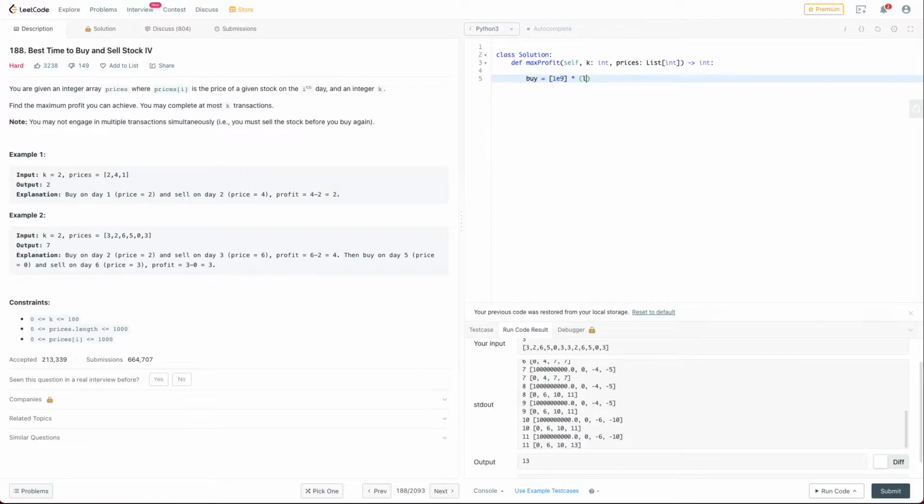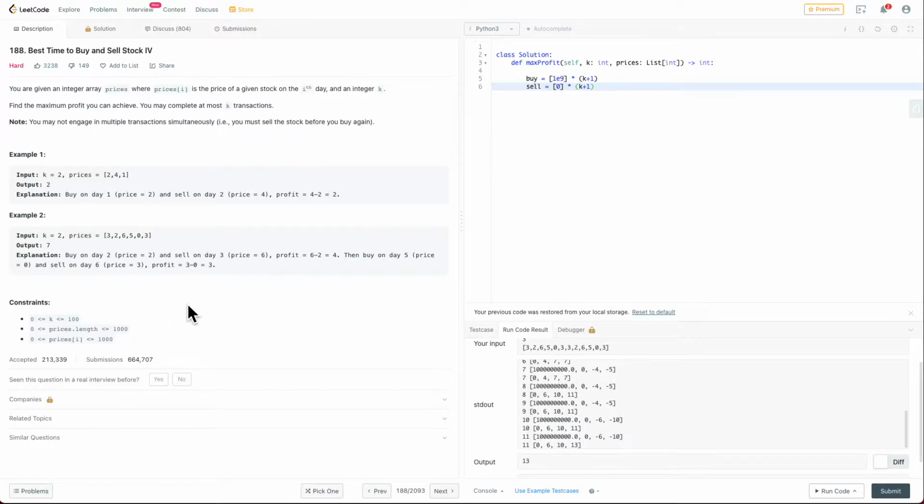So here we actually want the length to be k plus 1, and then this will be an array. For the buy array, instead of keeping the prices in memory, we're actually just going to keep track of the optimal buy price. And same for sell. The sell, we want it to be 0.